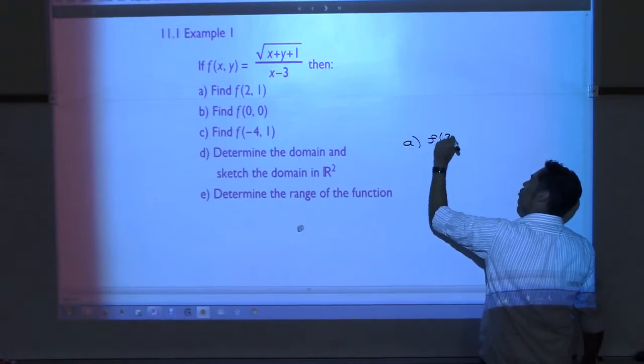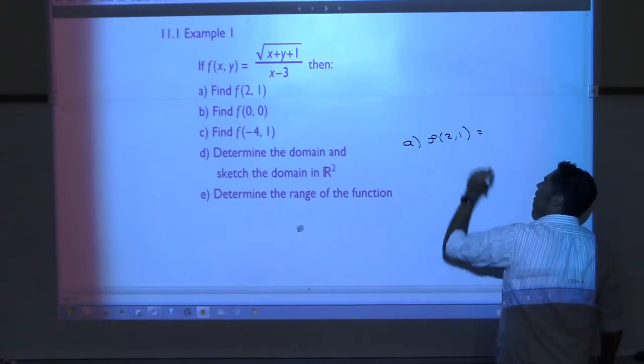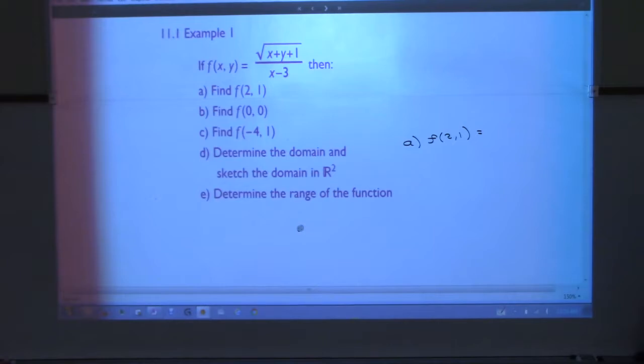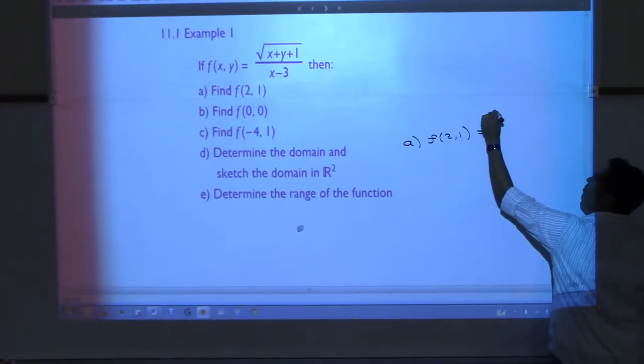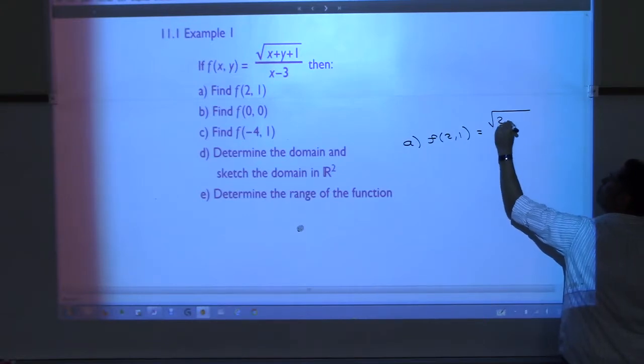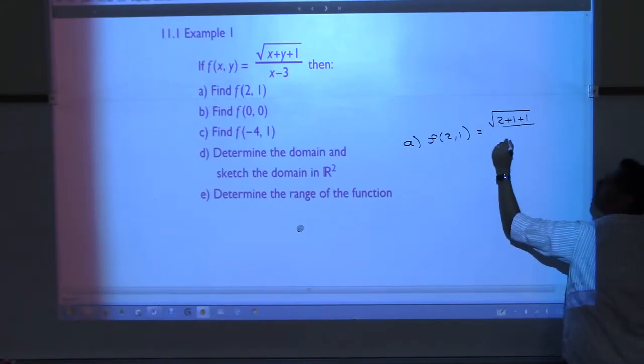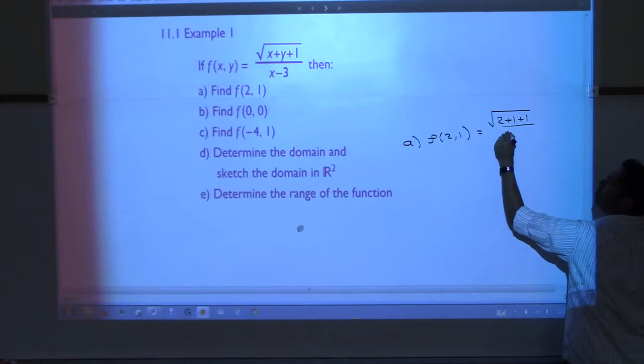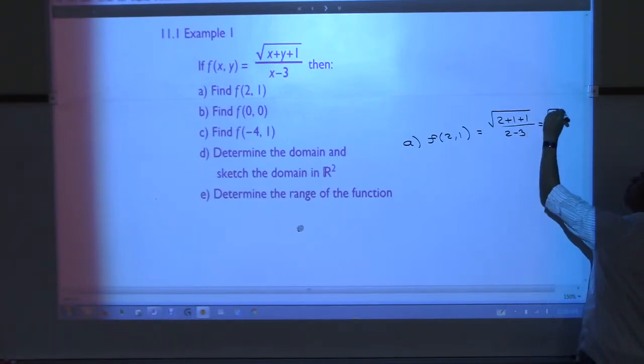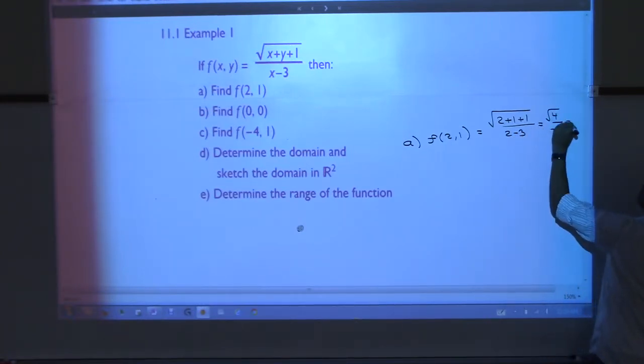What does f(2, 1) mean? That just means replace x with 2 and y with 1. So what would we get? Root of 2 plus 1 plus 1, over 2 minus 3. So we got root 4 over negative 1, which is negative 2. Agree? Okay.